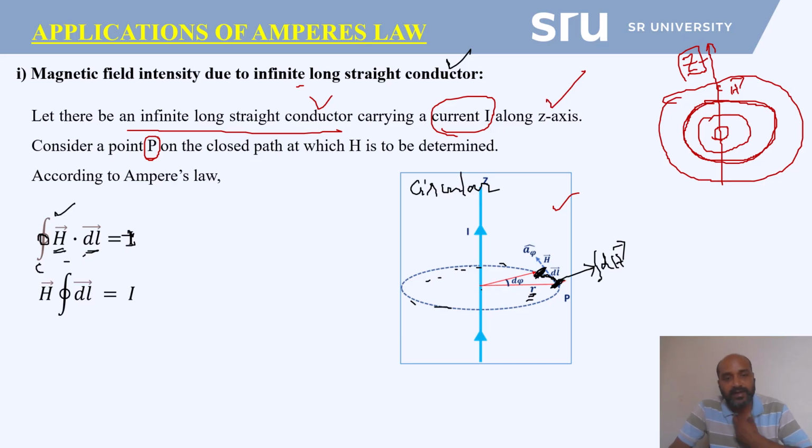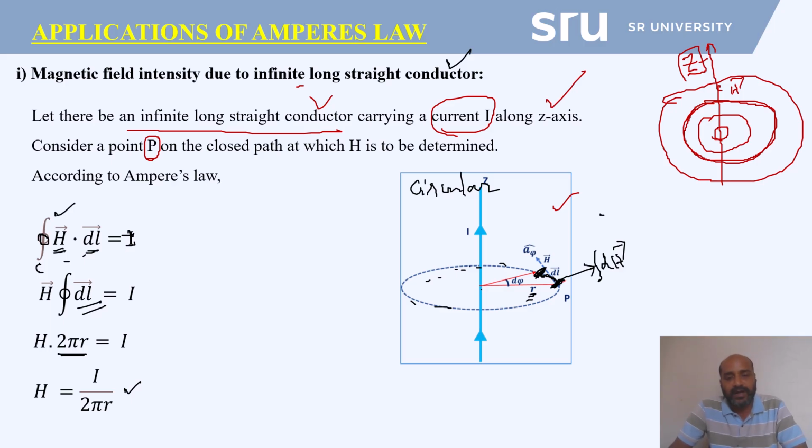So you can write H out of the integral, and this is closed path dl. If the path is in circular shape, we just need to write its perimeter. So that will be H into 2 pi r. I mean the total length of this circular path will be 2 pi r, and of course this H will be equal to I by 2 pi r.